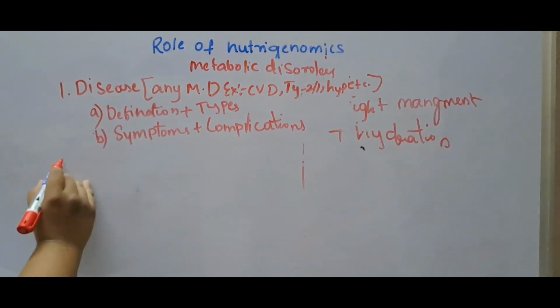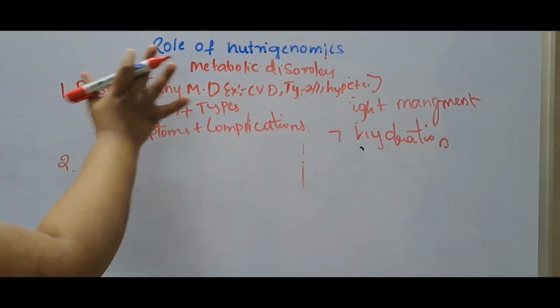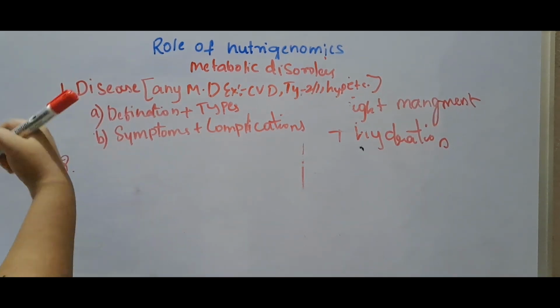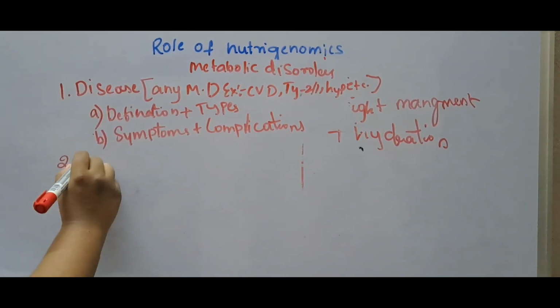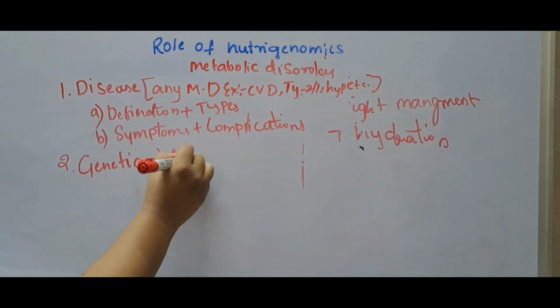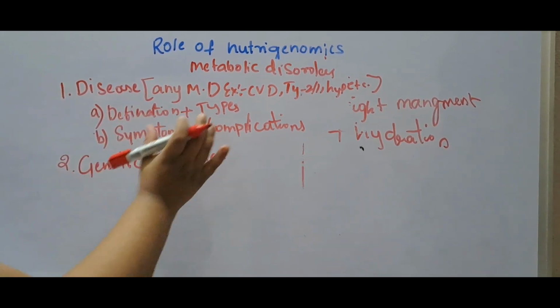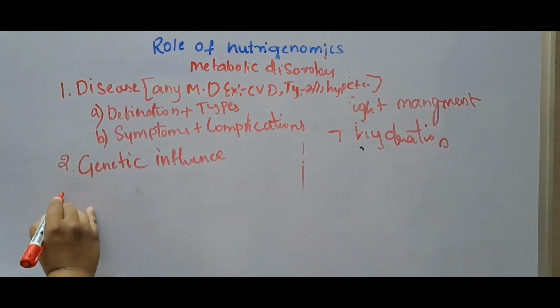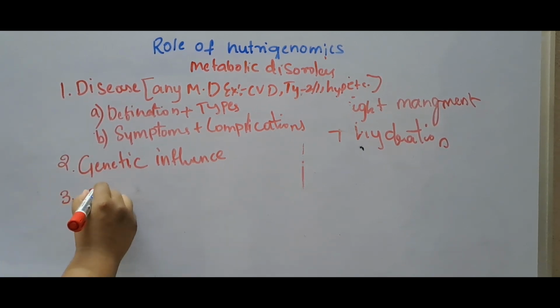Okay, this much is enough. And the second point: what type of genes are influencing, that is, the genetic influence related to these diseases. And the third point is directly diet-gene interaction.